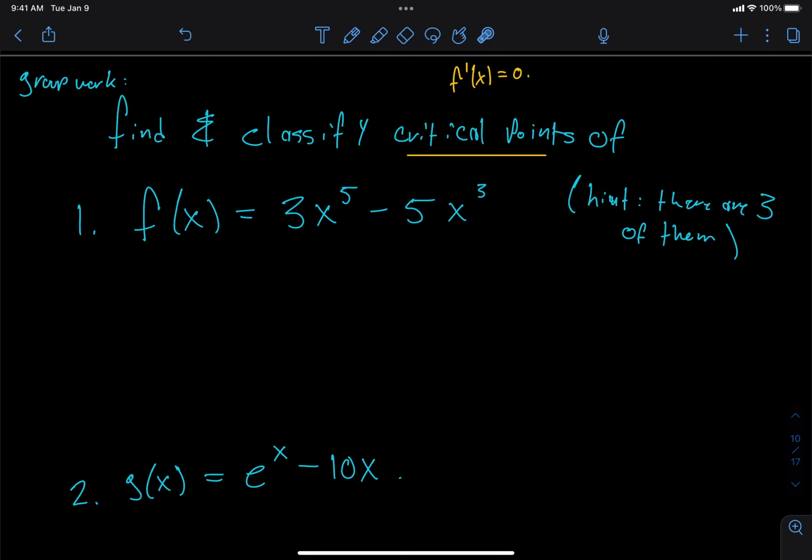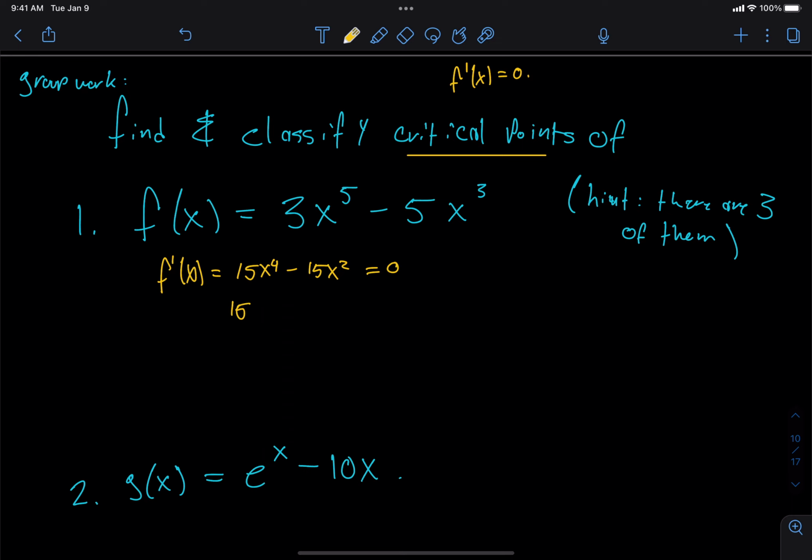So for this first one, what do we do? I'm going to do two methods. I'm going to do the first derivative test for the first one, and I'll do the second derivative test for the second one. So for the first one, we get the derivative, f prime is 15x to the 4 minus 15x squared, and we set that equal to 0.